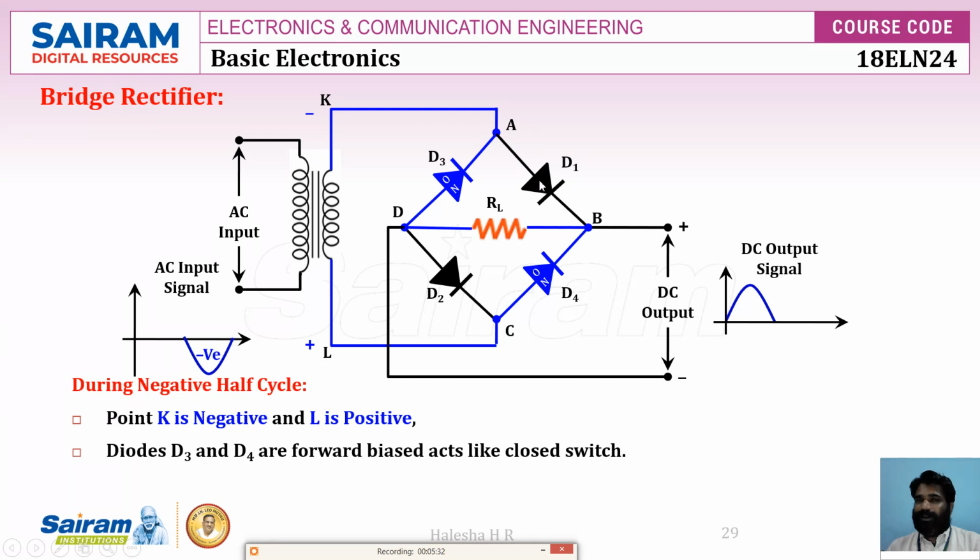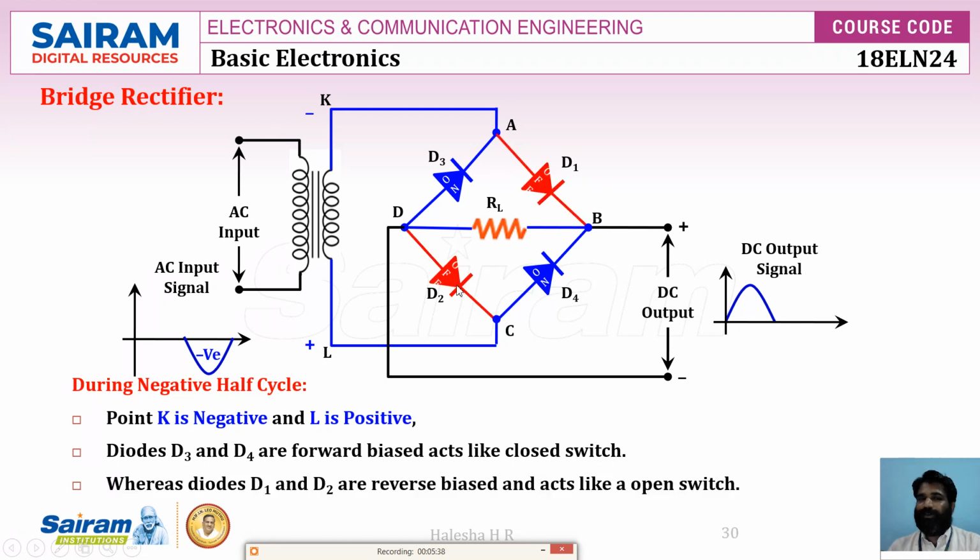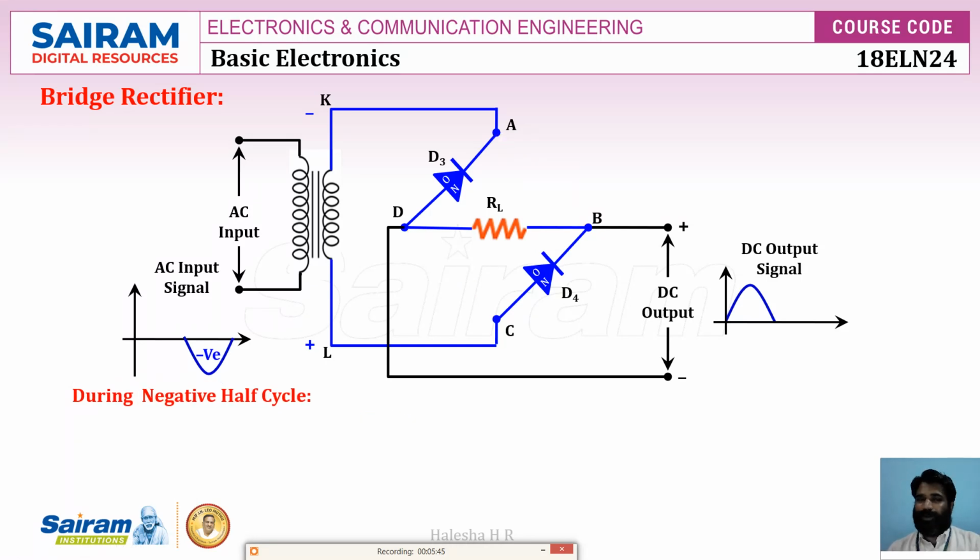This negative is connected to D1, so D1 is reverse biased, and this positive is connected to the cathode of D2. So D1 and D2 are reverse biased and become off. They form an open circuit.